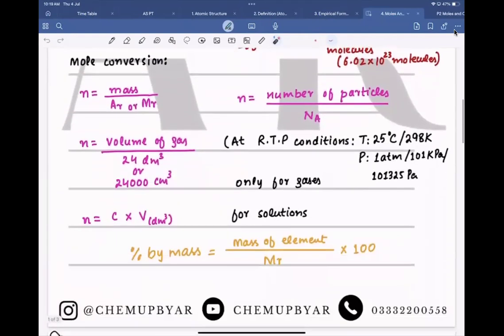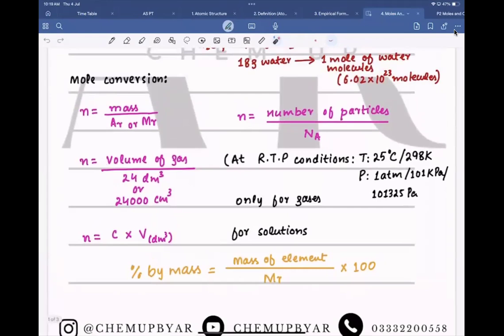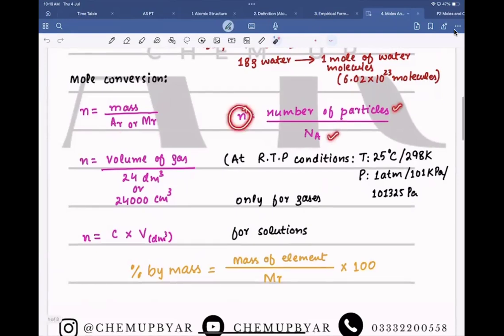Okay. Now, here we have a few formulas of mole conversions that you must remember. If I am provided with the mass and I have to convert it into moles, then I will divide that mass by its AR or MR. If I am given the number of particles, I divide by the Avogadro's constant or Avogadro's number, that is 6.02 exponent 23, and I will get the moles.